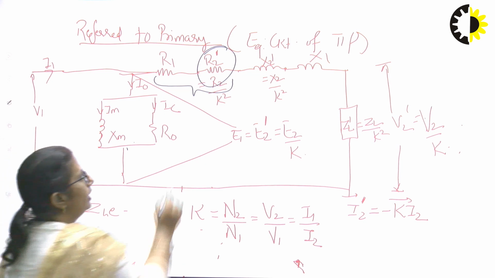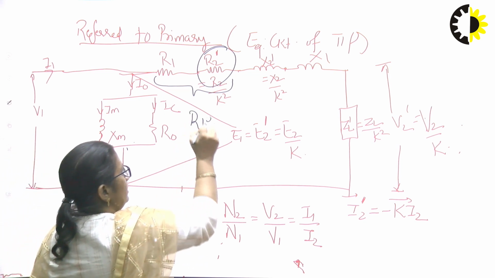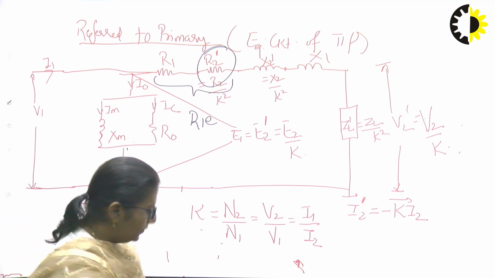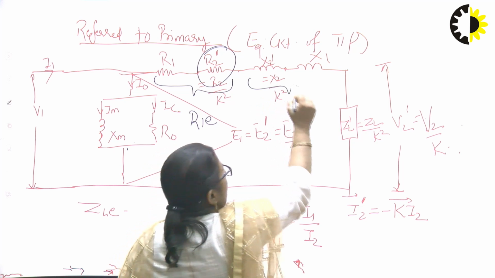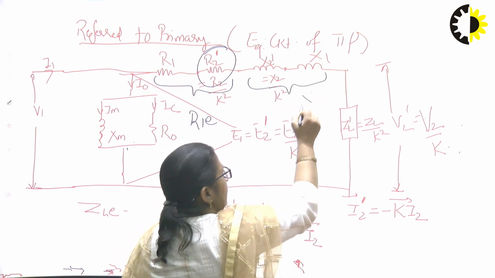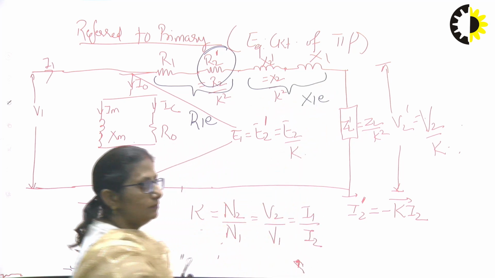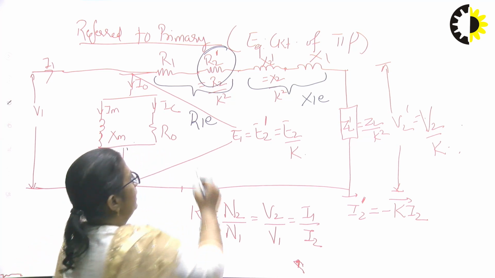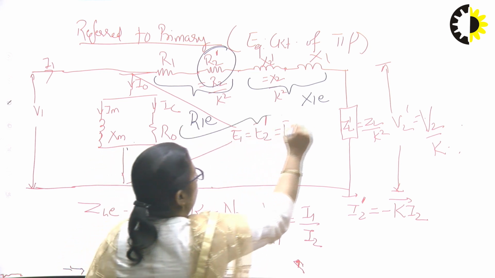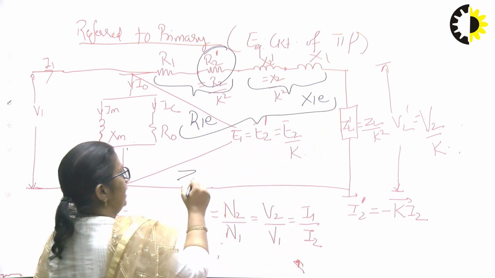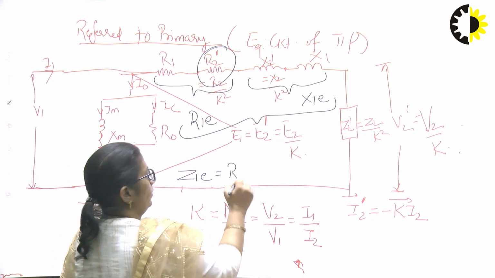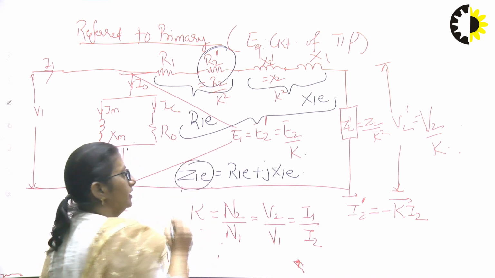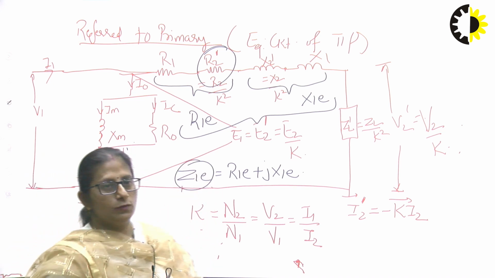Combined, R1 and R2 dash will give me R1E, the equivalent resistance of the transformer referred towards primary. Similarly, X1 and X2 dash will give me X1E, the equivalent reactance of the transformer referred towards primary, and combined these two will give me Z1E, which is given by R1E plus jX1E. This gives me the equivalent impedance of the transformer referred towards primary.